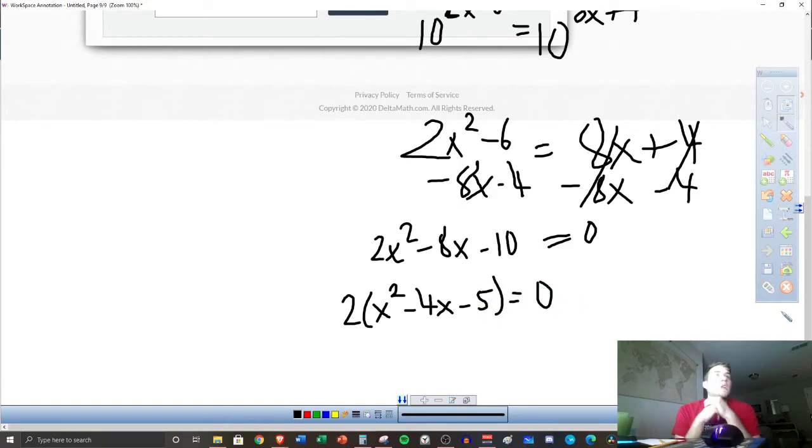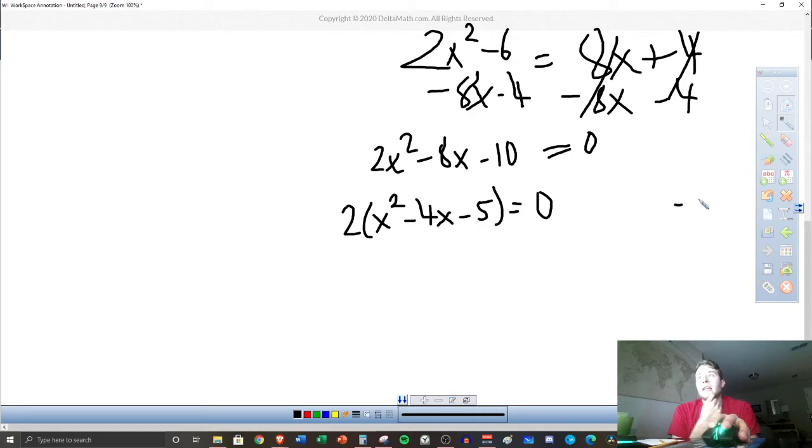There's our first part of this factoring process. Now, inside of here, we have to factor the quadratic. And if we take that -5, the factors are 1 and 5. Which ones add to get -4? Well, it's -5 and 1.